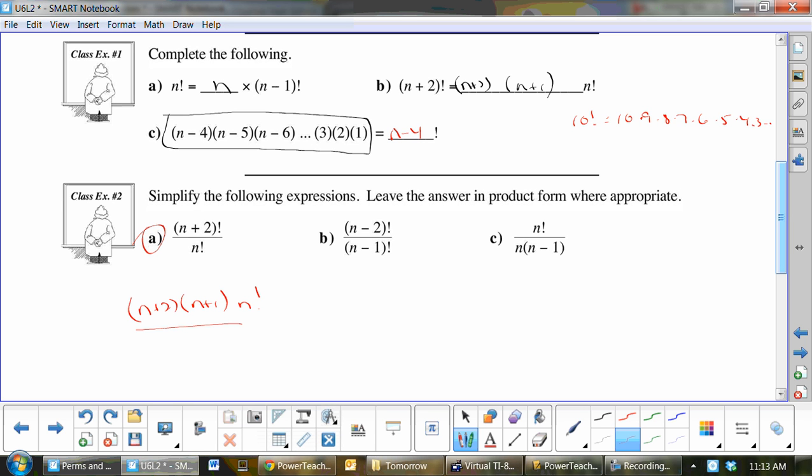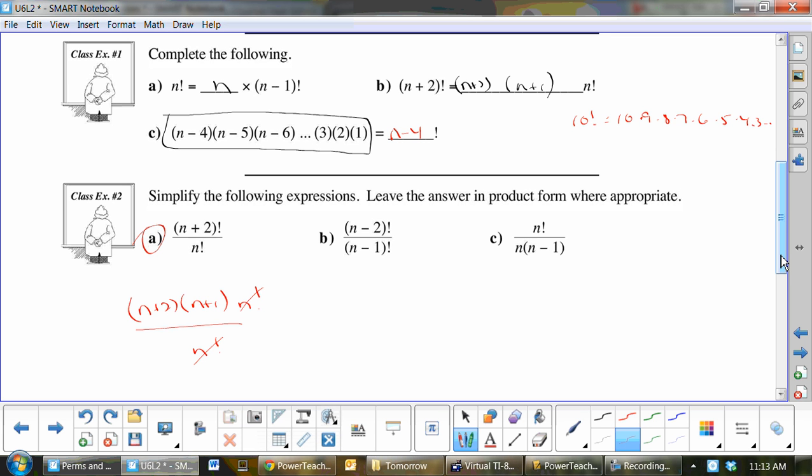All over n factorial. So that's just n plus 2 times n plus 1. That's what that means. Okay? B, yep. You could just always check if it's multiple choice, right? We'll just leave it like that.